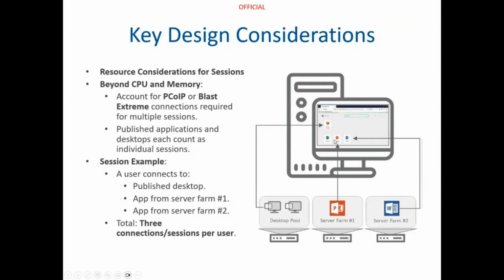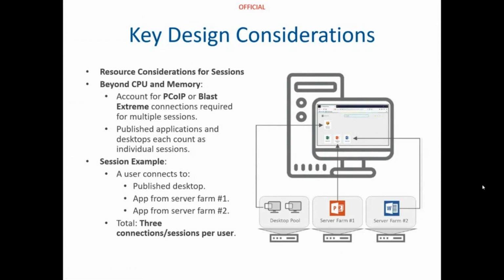For example, a person launching a published desktop gets one connection for the desktop pool. Then if he launches PowerPoint from the published apps, it's another connection for PowerPoint. And if he launches Word as well, it's another one for Word. And there's Excel, it's another connection. So potentially this person could be using 4 connections simultaneously.